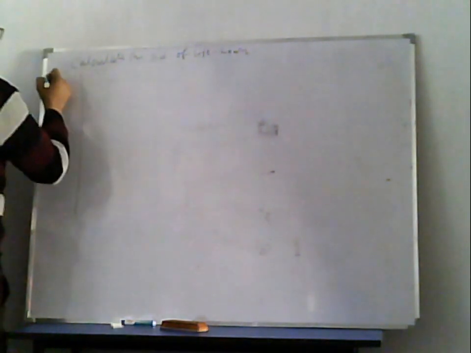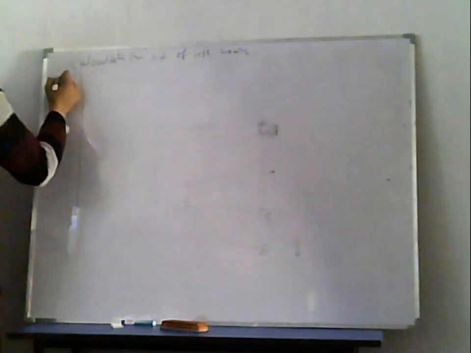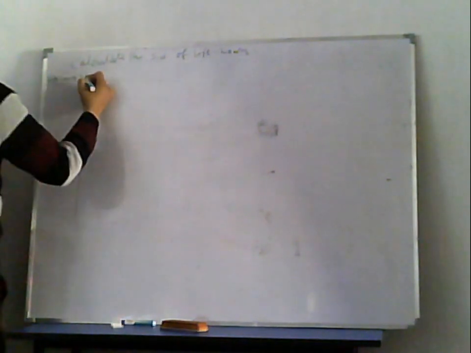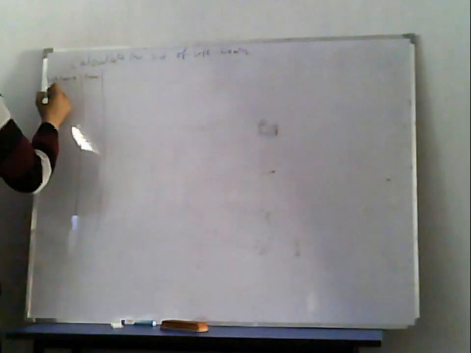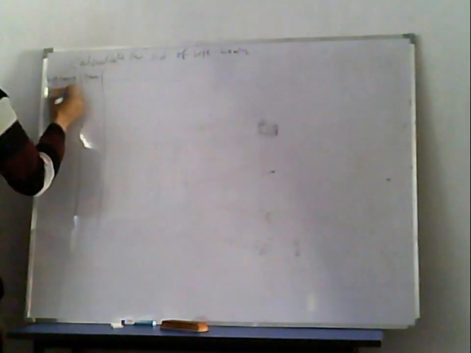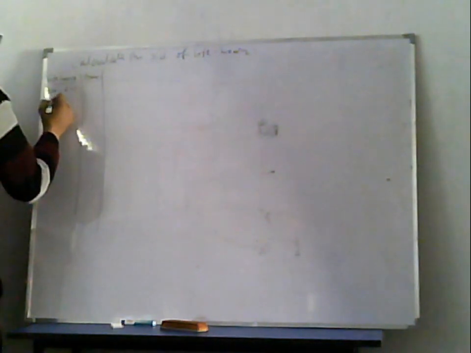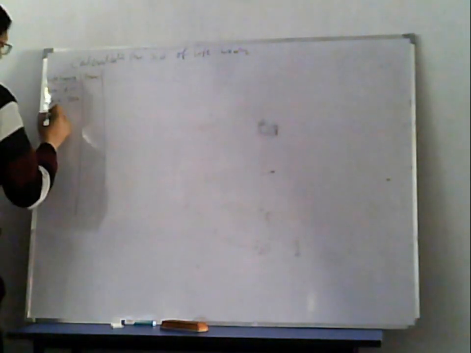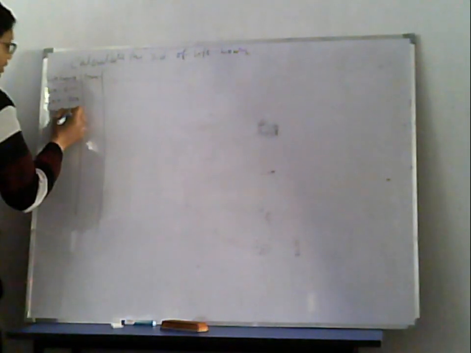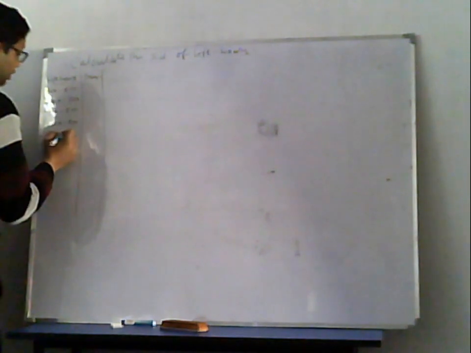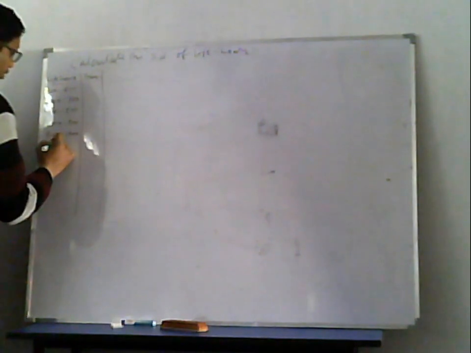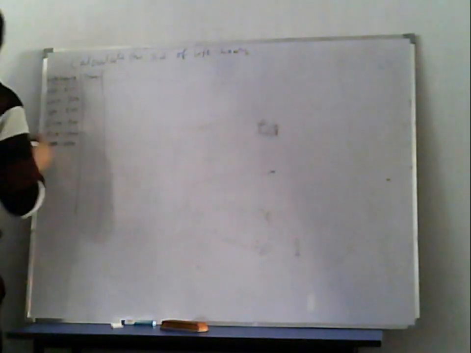Okay. So there are the life hours and this is the frequency. Okay. And life hours is 500 to 600. Next is 600 to 700, 700 to 800, 800 to 900, 900 to 1000, 1000 to 1100.